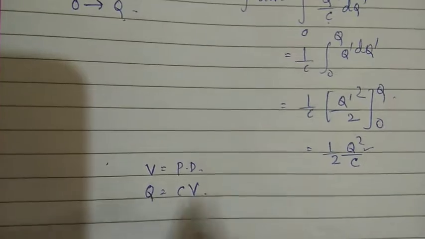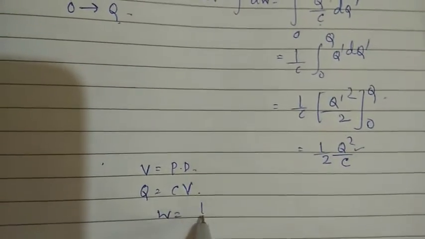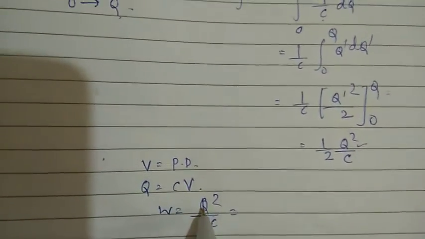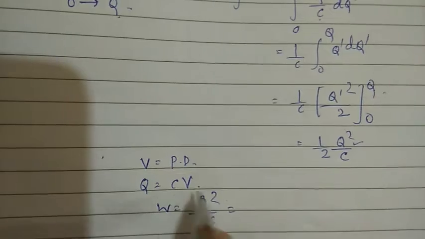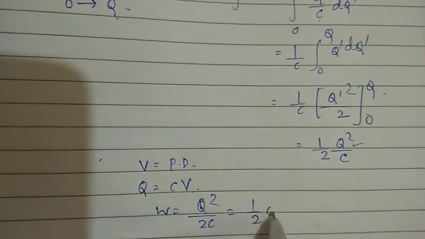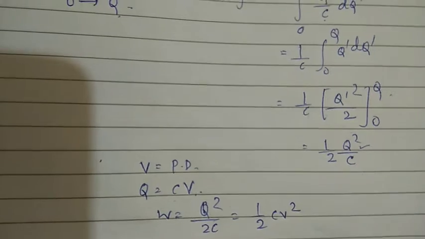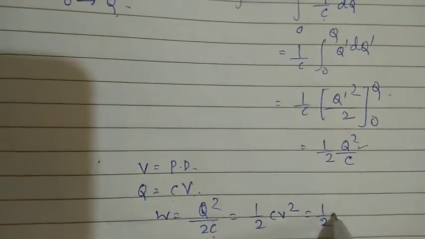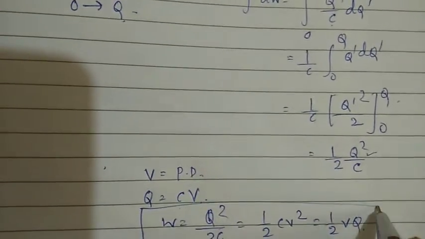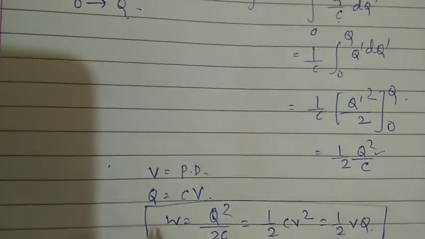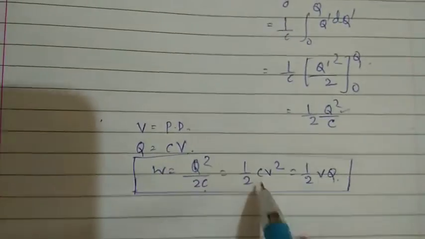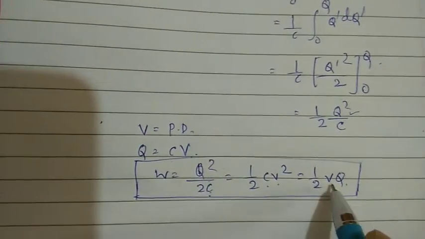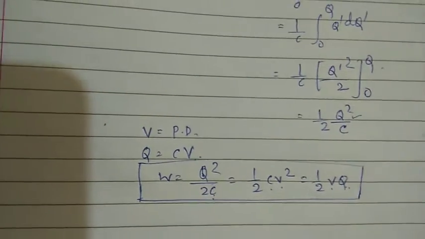First substituting the value of Q in the expression we derived, Q square by 2C, and using Q equals CV, we will get half CV square, or substituting the value of C, we will get half VQ. So this is the energy stored in a capacitor in terms of its capacitance and potential difference, in terms of charge and its capacitance, and in terms of charge and its potential difference.